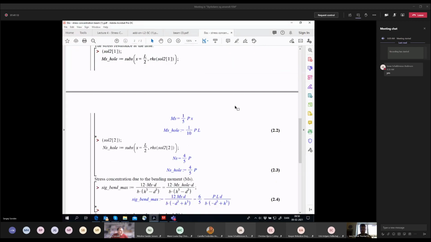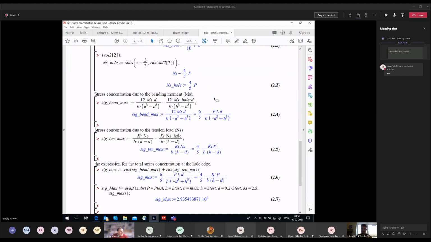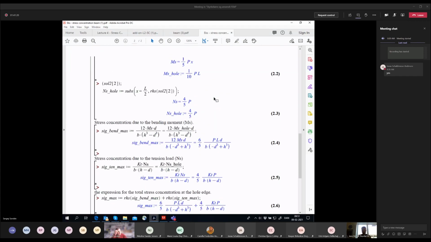So this is the example, and probably I was too fast in explaining it, but it's more or less the whole story for the morning session. And remember that we have to move on with the statically indeterminate structures at 12:30.